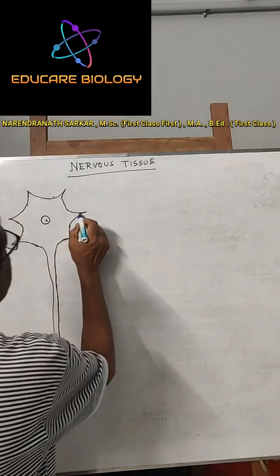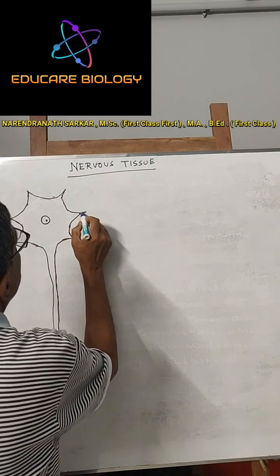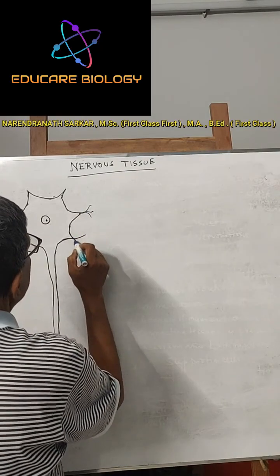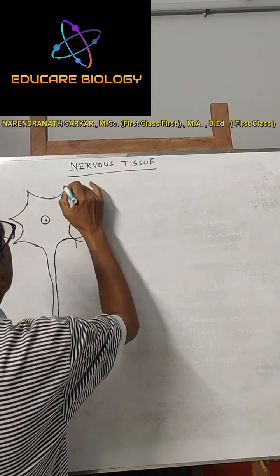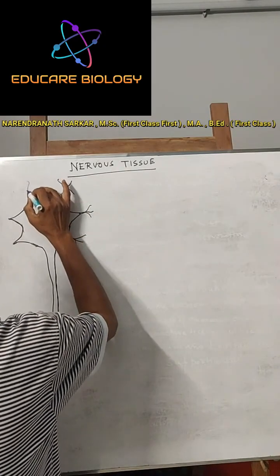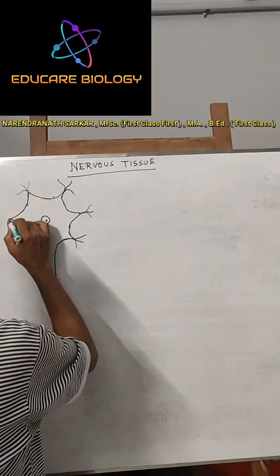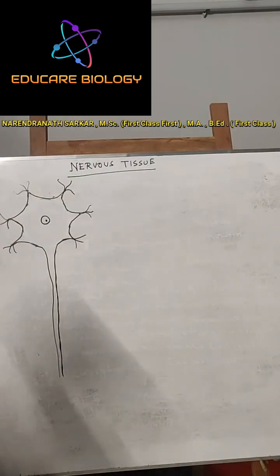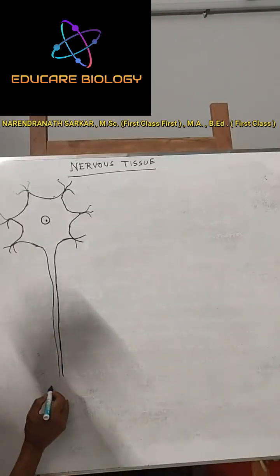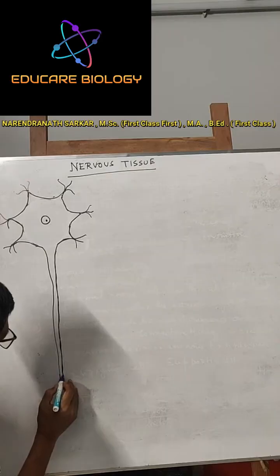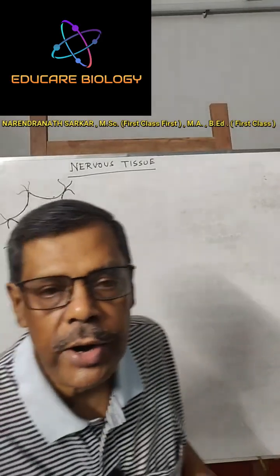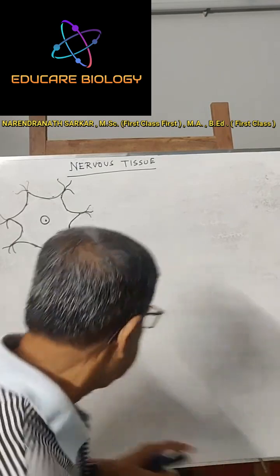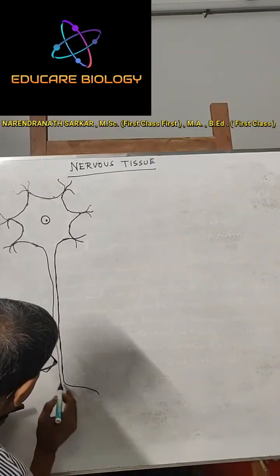Next, the short process is called dendron, which is divided into various branches called dendrites. This is the longest process, which is called axon. The terminal part of the axon is called telodendron, which is divided into various branches.